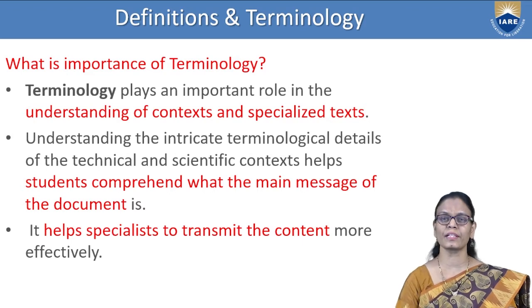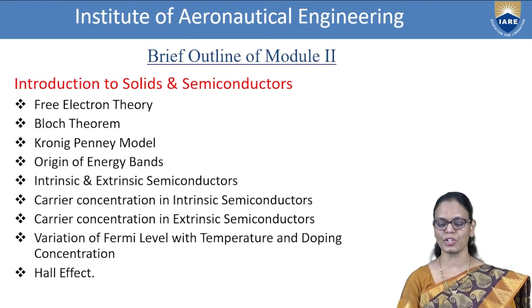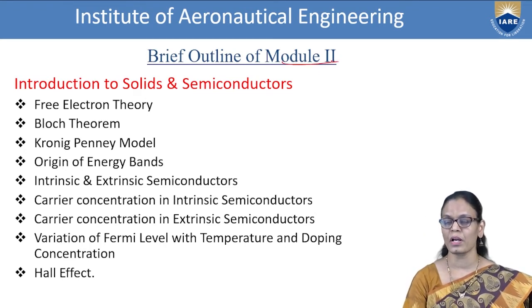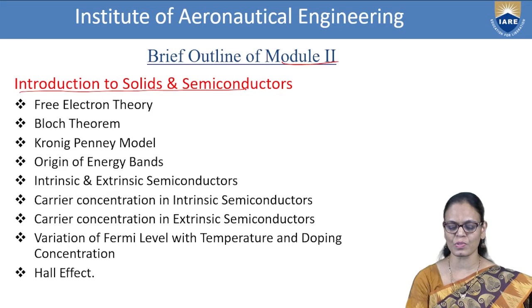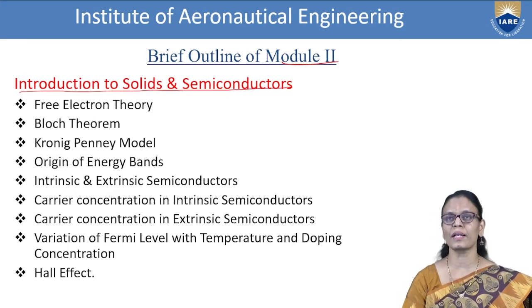So with this introduction, I want to move on to the definitions and terminology of Module 2, that is, Introduction to Solids and Semiconductors. Let us look at the brief outline of the topics.